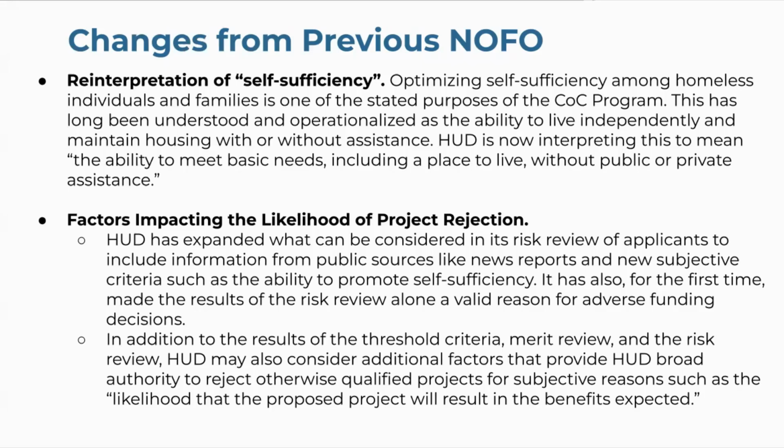It has, for the first time, made the results of the risk review alone a valid reason for denying funding. In addition to the results of the threshold criteria, the merit review, and the risk review, HUD may consider additional factors that provide HUD broad authority to reject otherwise qualified projects for subjective reasons, such as the likelihood that the proposed project will result in the benefits expected.